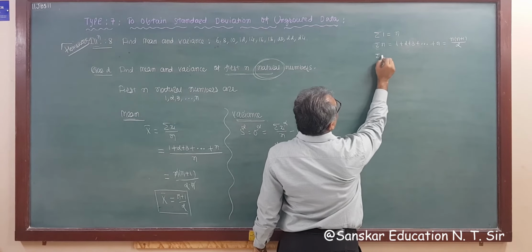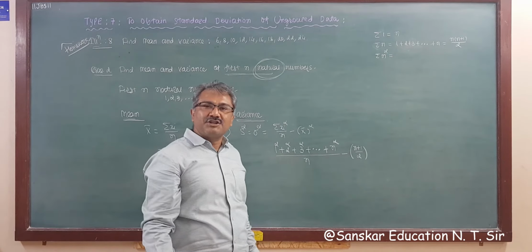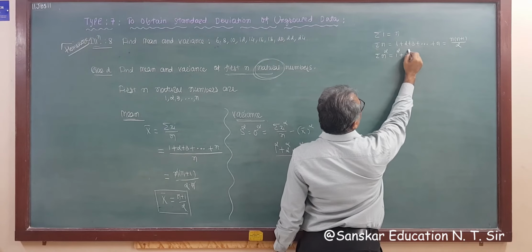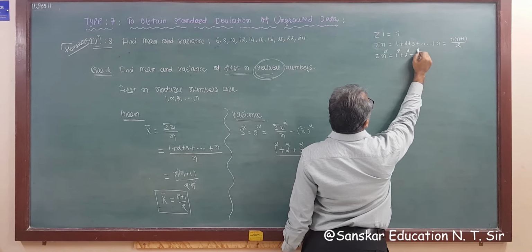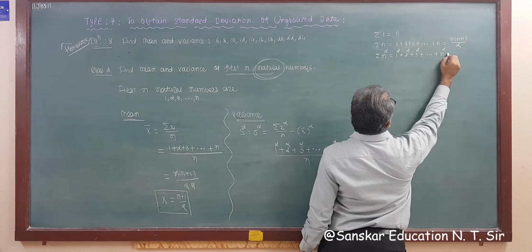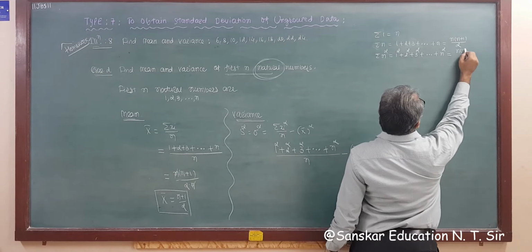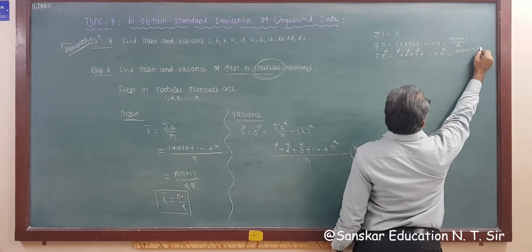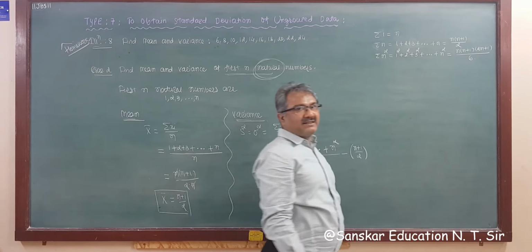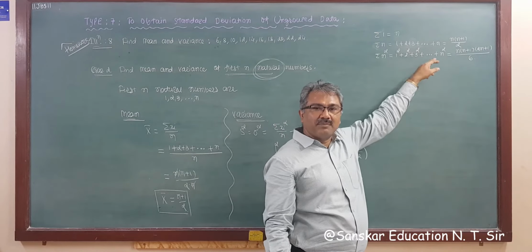Then sigma n square means the sum of the squares of the natural numbers, right?